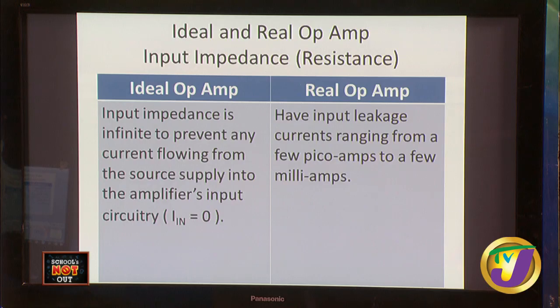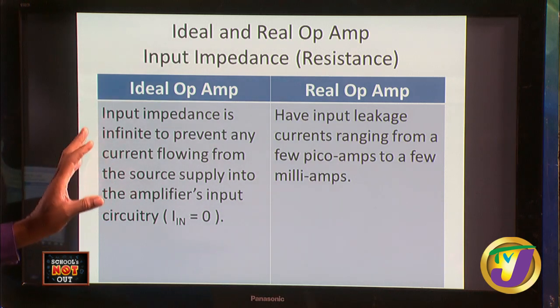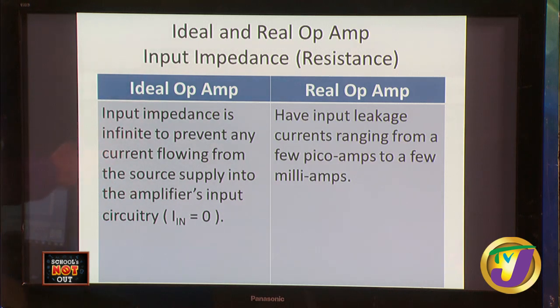Now we're going to look at the difference between what is called an ideal operational amplifier and a real operational amplifier. In everything we have our idealisms, right? So for an ideal operational amplifier, the input impedance. Impedance is a resistance, right? For want of a word, it's different, but that can be explained.